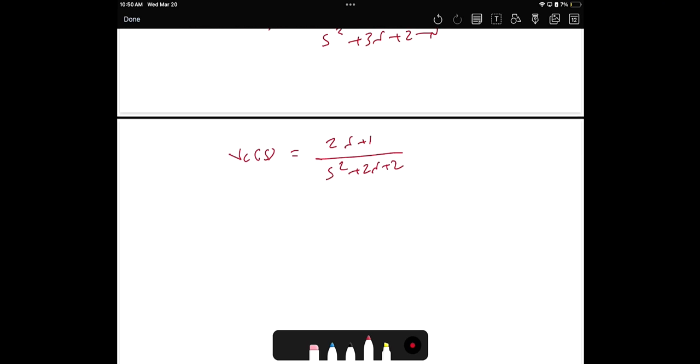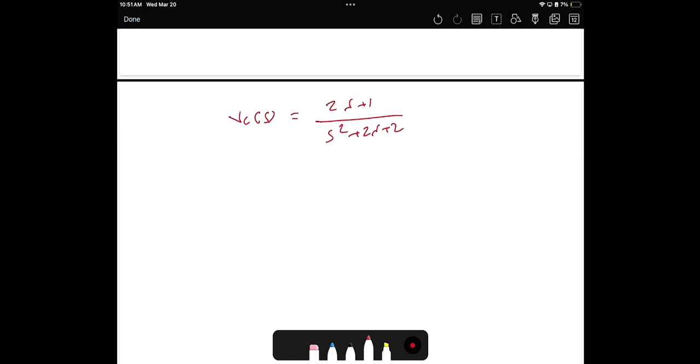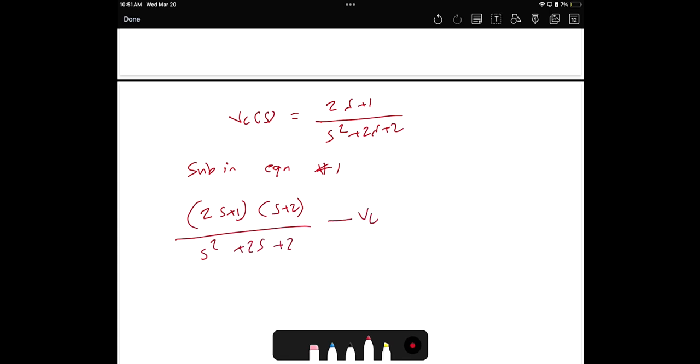Now we need to find V out. So you can substitute this into equation number 1. It's just math. So (2S plus 1) times (S plus 2) divided by S squared plus 2S plus 2 minus VL of S equal to 2.